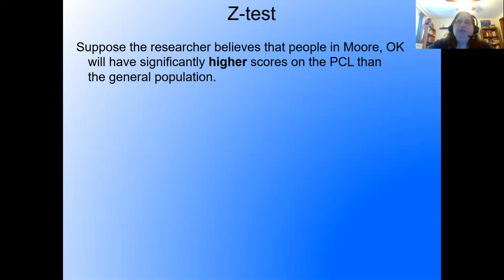Now, suppose the researcher believes that people in Moore, Oklahoma will have significantly higher scores on the PCL than the general population. Now, one or two-tailed? And I hope you're all saying one-tailed, because it is one-tailed. Because we're talking about a direction here, higher. We think they're going to be higher.